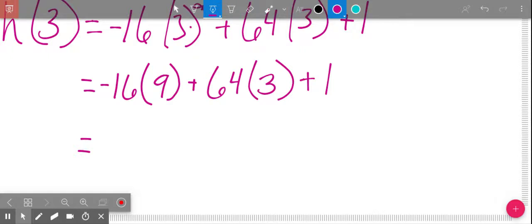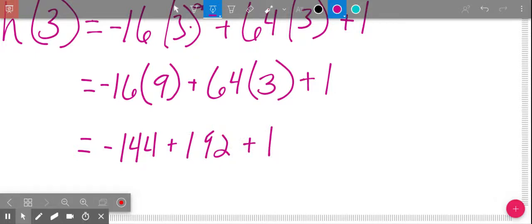And now we're just going to keep simplifying. -16 times 9 gives us -144, plus 64 times 3 gives us 192, plus 1. So -144 plus 192 plus 1 is going to give us 49.